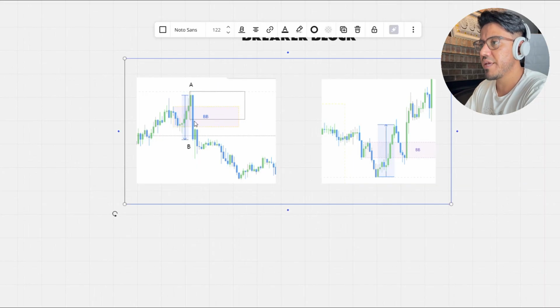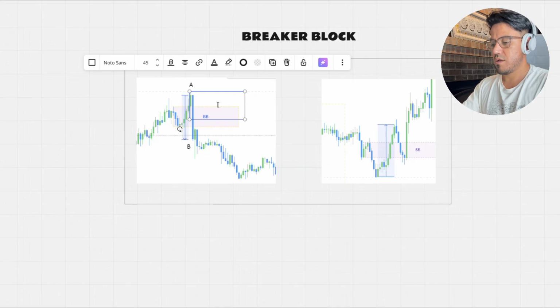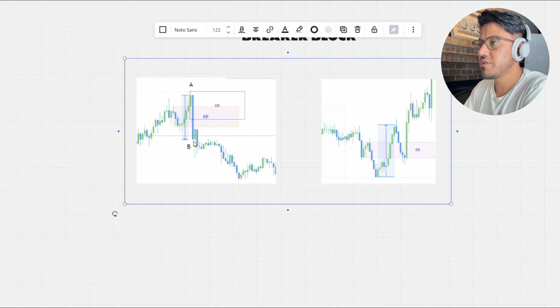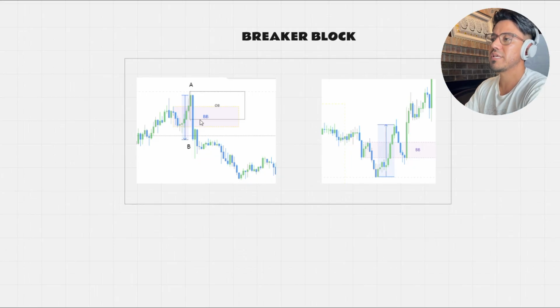So it is breaking the order block. The price is displacing through the order block as well as the breaker block. So all three conditions are met. This is called a breaker block, where the price is creating a market shift through this breaker block.